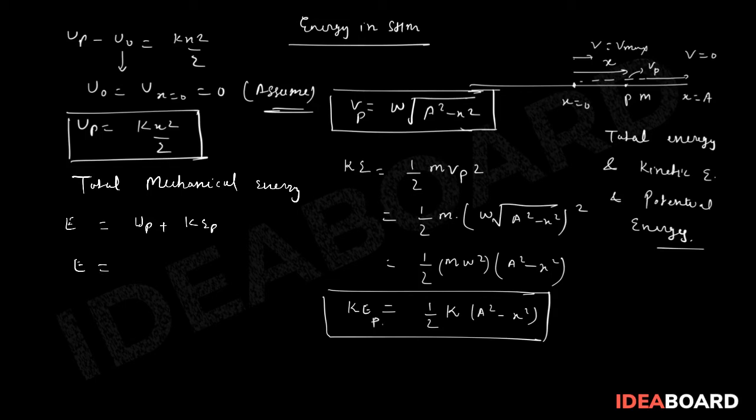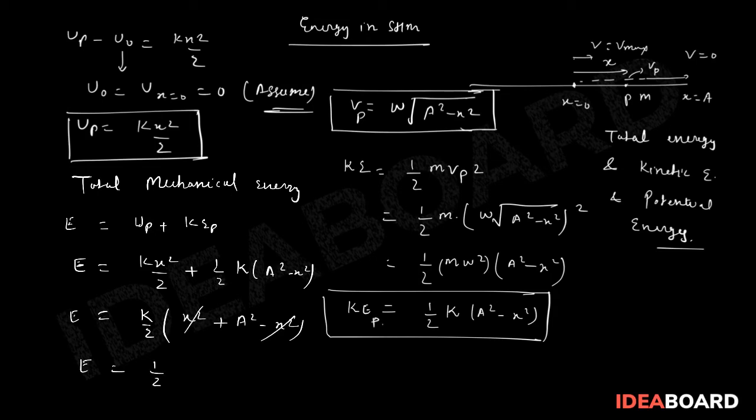So at point P, potential energy plus kinetic energy at P. So E will be kx square by 2 plus half k into a square minus x square. Then k by 2 can be taken as common: x square plus a square minus x square. This cancels out, so this will be half k a square.